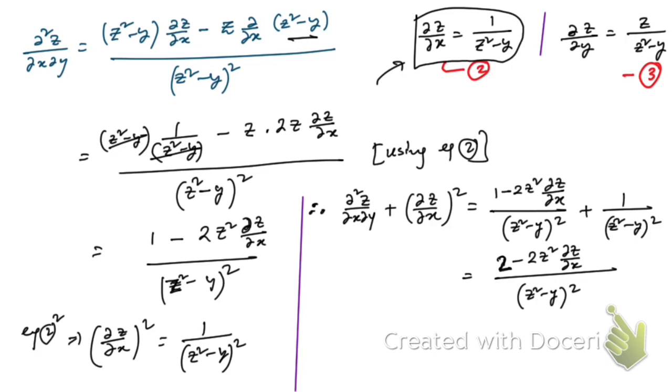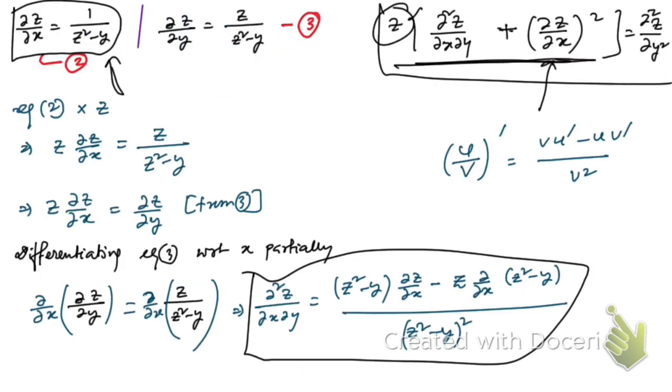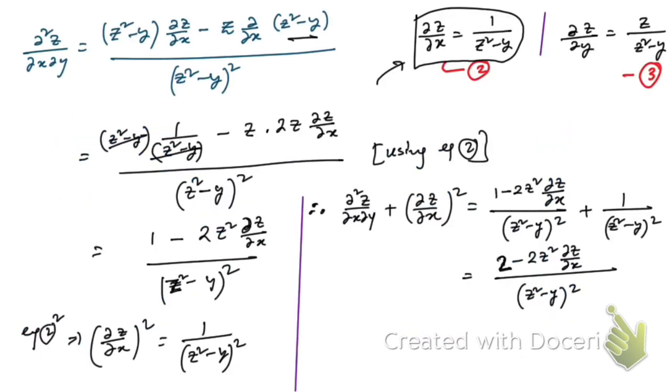Then you see, let me go back to the previous slide again. We need to multiply z here, to show this one. So let's multiply z.